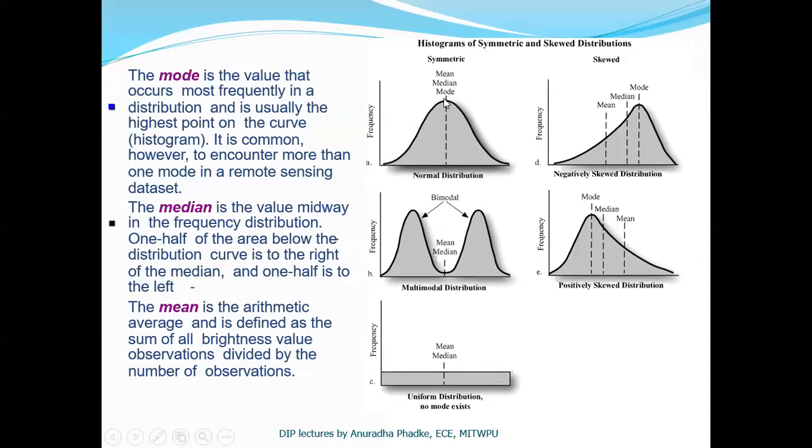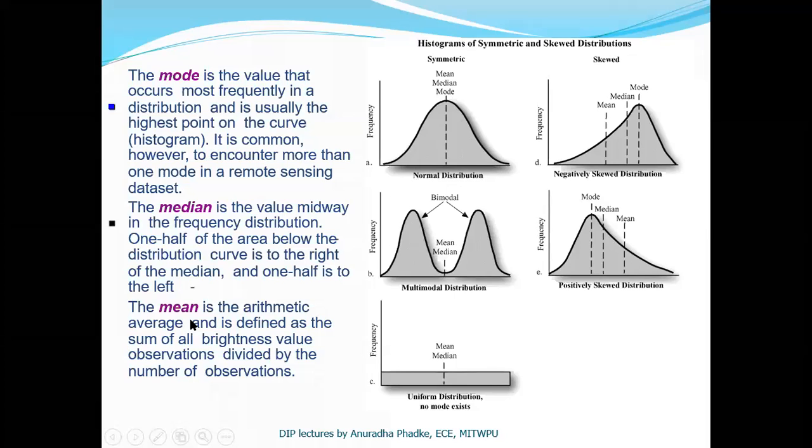It is the central value of this curve, because half of the area on the left exactly matches half of the area on the right of the central line. So this X is the median for this particular histogram.